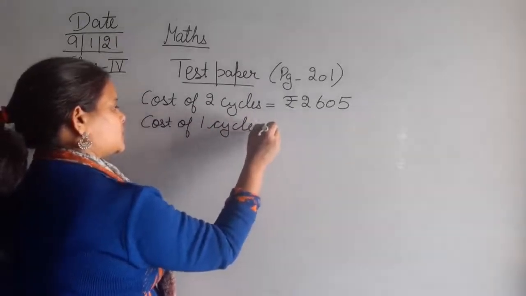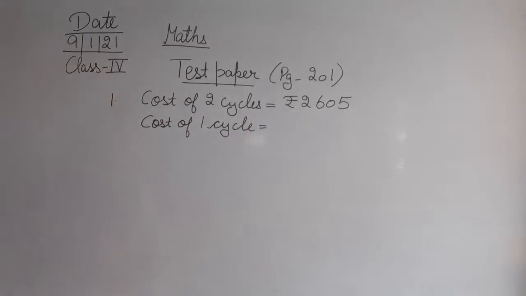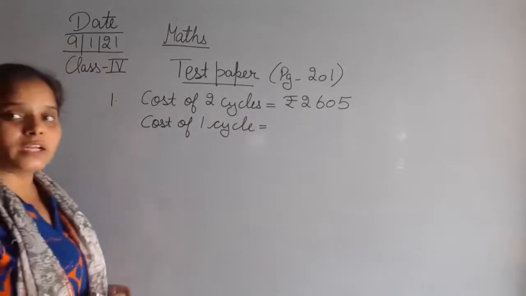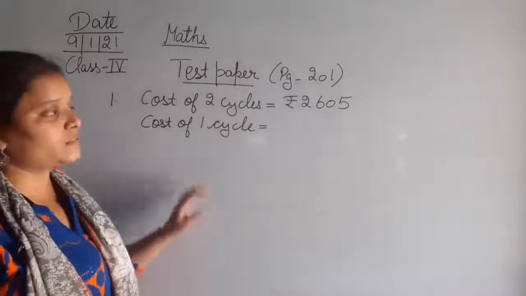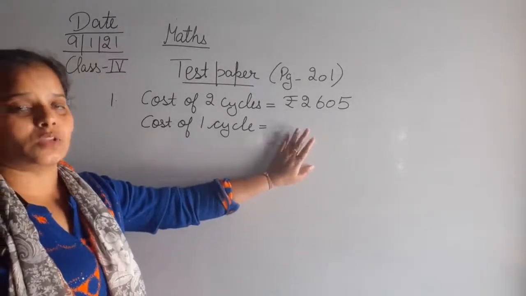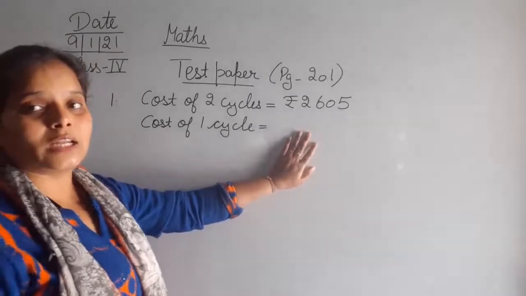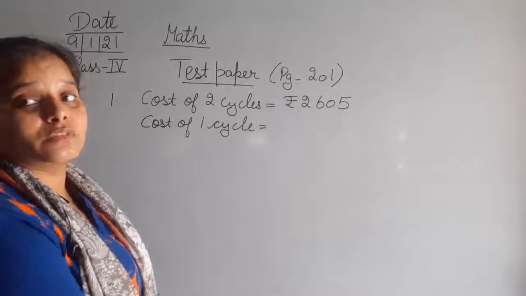We can find it by dividing the cost of 2 cycles by 2. The 2 की cost 2605 rupees है. So 1 की निकालने के लिए क्या करेंगे? We will do the division.